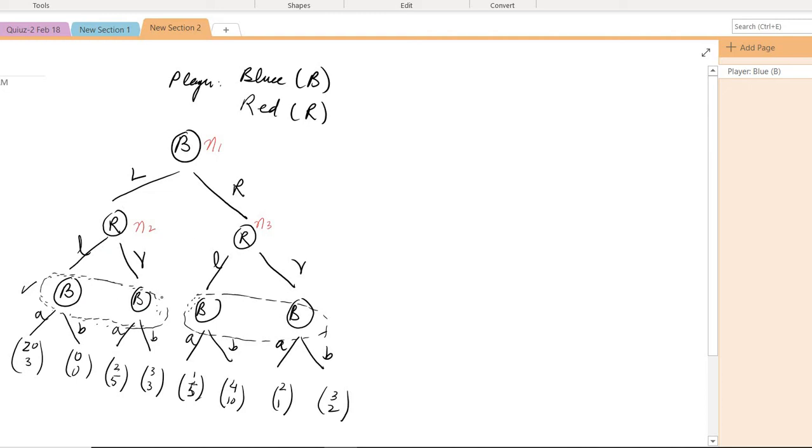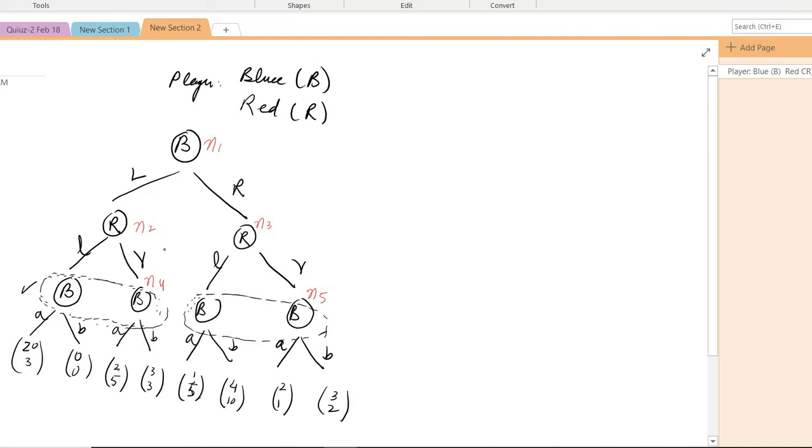Once I come to this, it's called information set. Once I come with this information set, all the nodes in the information set, no matter 2, 3, 4, 5, whatever, are taken as one node. So this whole information set will be taken as N4. Okay, and this whole information set will be taken as N5. That is the only difference in this game and the other game we have solved earlier.